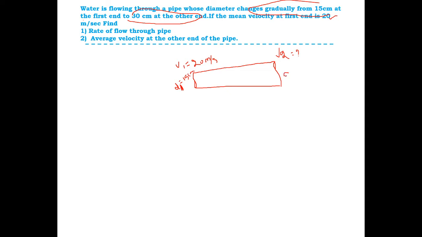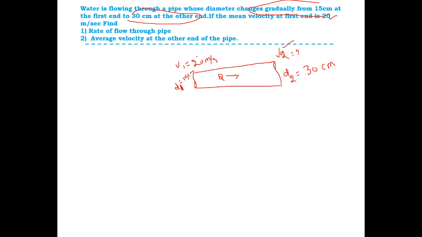At exit, diameter of the pipe is 30 centimeters. So for this pipe, you have to find out first one, the discharge Q. How much is there? Next, you have to find out the velocity at the exit.